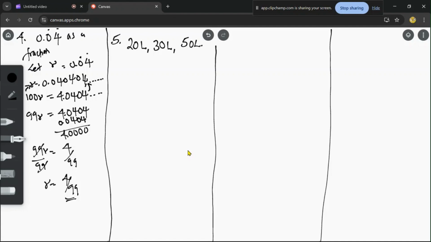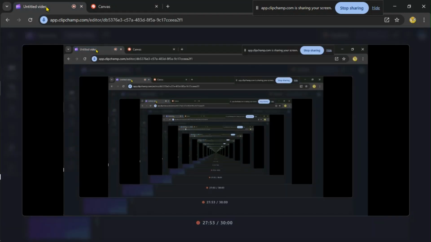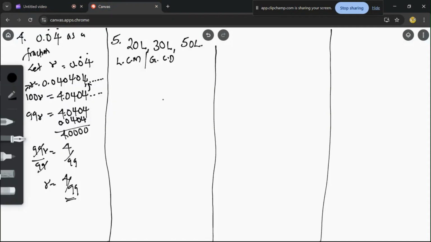Majority of us know that anytime a question is talking about the least or the largest, it is either LCM or GCD. But the question is, how do you tell whether it's LCM or GCD? How am I able to make that decision? Now, the question here is we want to find a container that can be used to fill.